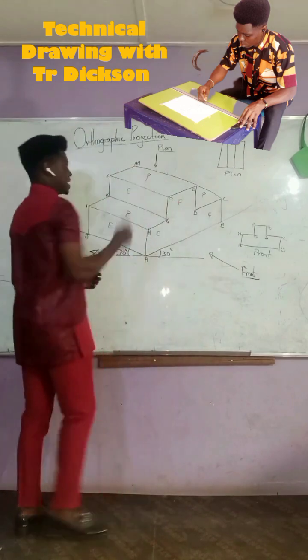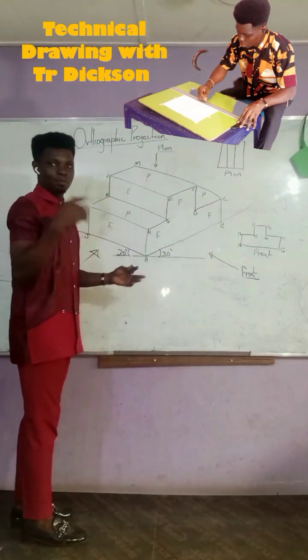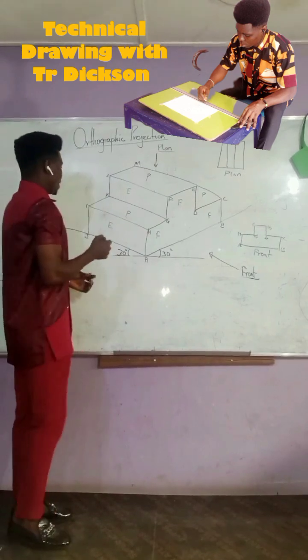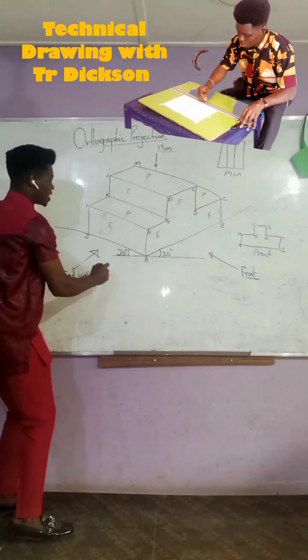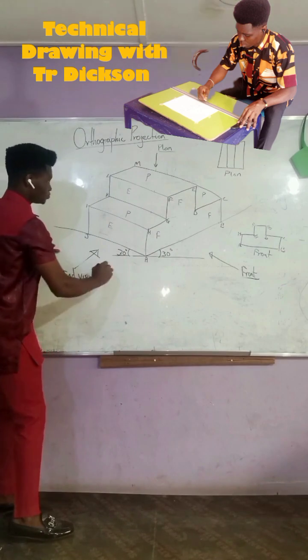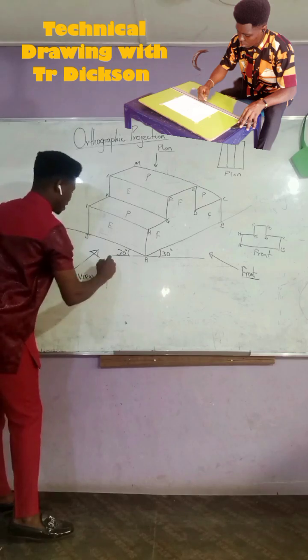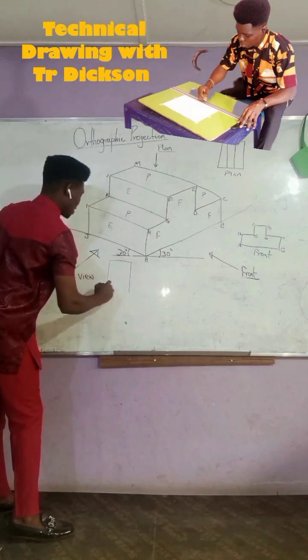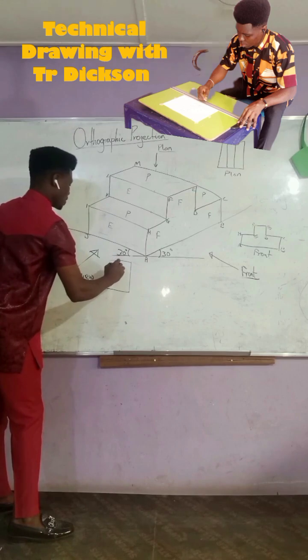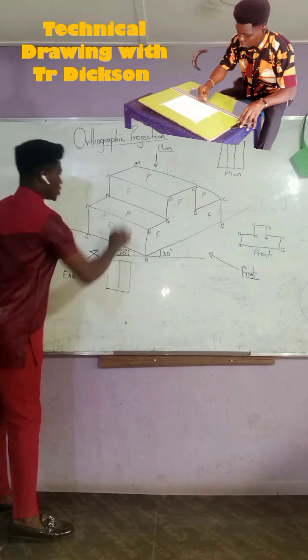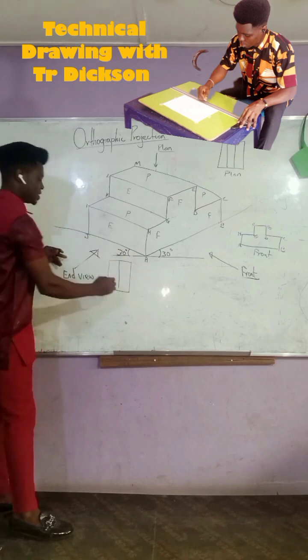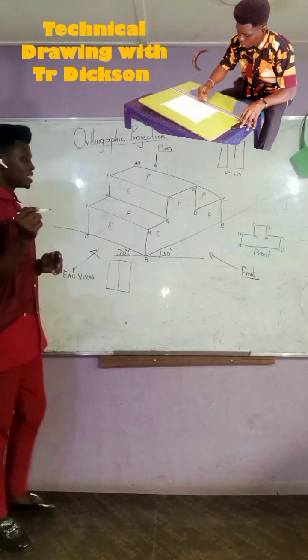We can equally assign the letters to them, just like we've done here. And then the end view will look somewhat like this, because you're only seeing this and this. So that's how it is going to look.